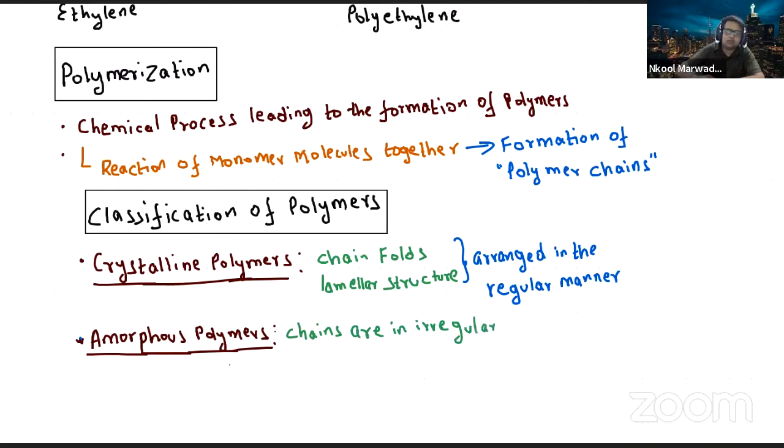If you zoom into any polymer, you will just see big chains of monomers. In a crystalline polymer, it will have some specific structure, some regular arrangement. Let us draw one diagram to get more clarity. Very quickly, I will draw it to get an idea.